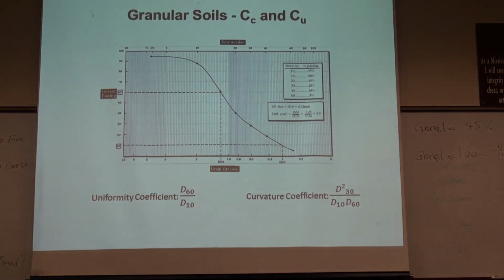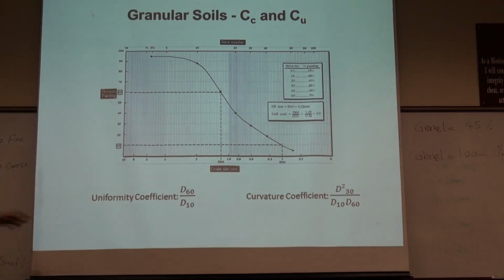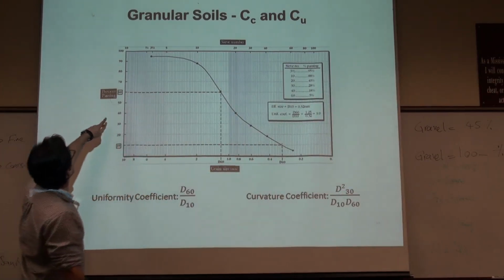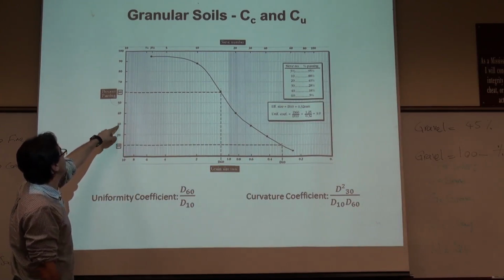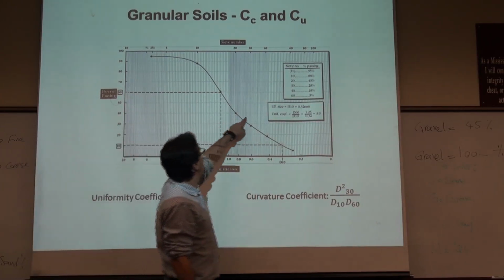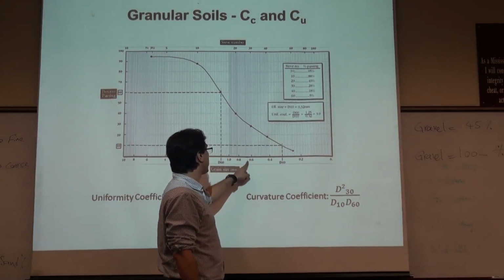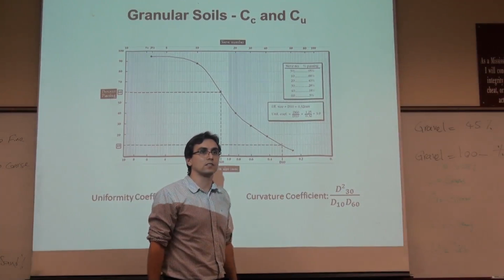D10 means the particle size at which 10% of the soil is passing. For example, for D10 or D30, you can draw a straight line from 30%, intersect the particle size distribution, and find the corresponding grain size on the x-axis, and that's your D30.